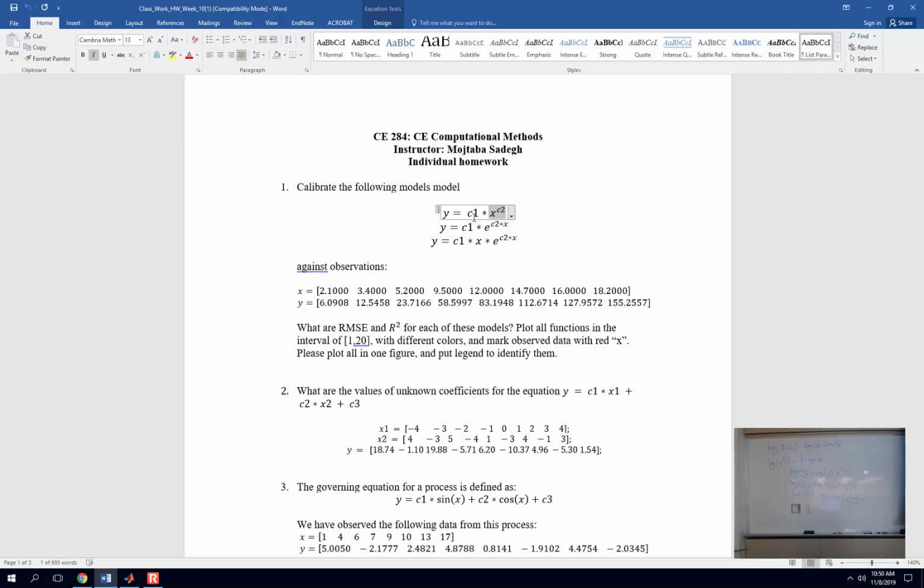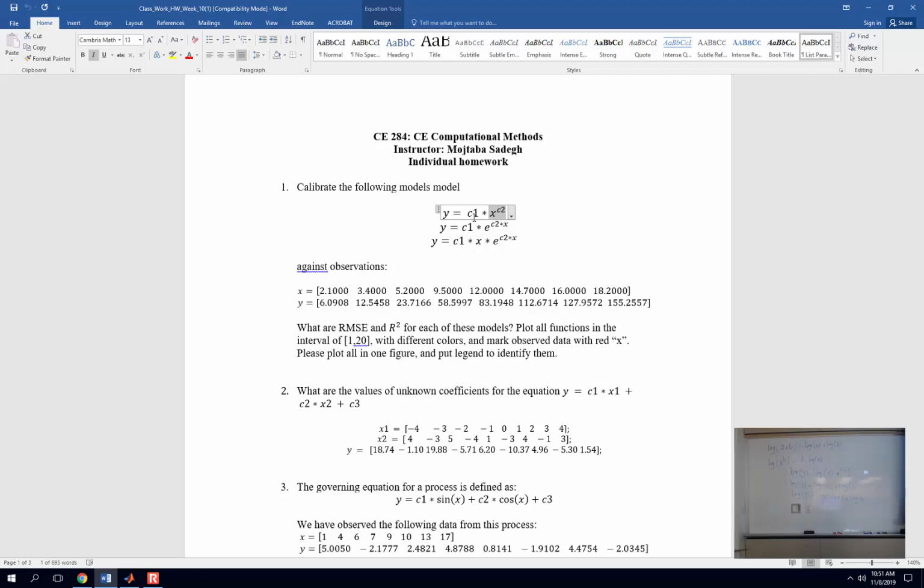Log of x is the coefficient for C2. What is B? Log y is B. And then if y is horizontal, we need to transpose.